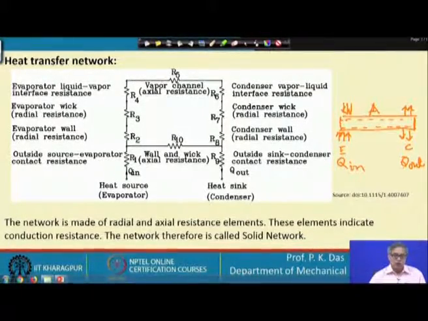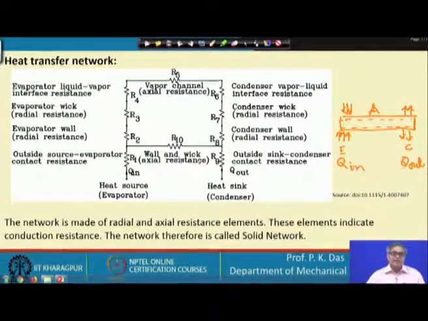The heat that is going from here comes to the condenser vapor-liquid interface resistance. Then there is the condenser wick material interface resistance and the condenser wall resistance. Now it has reached the condenser, and then it will go to the surroundings through this extra resistance, which is just adjacent to the wall, between the wall and the surroundings.